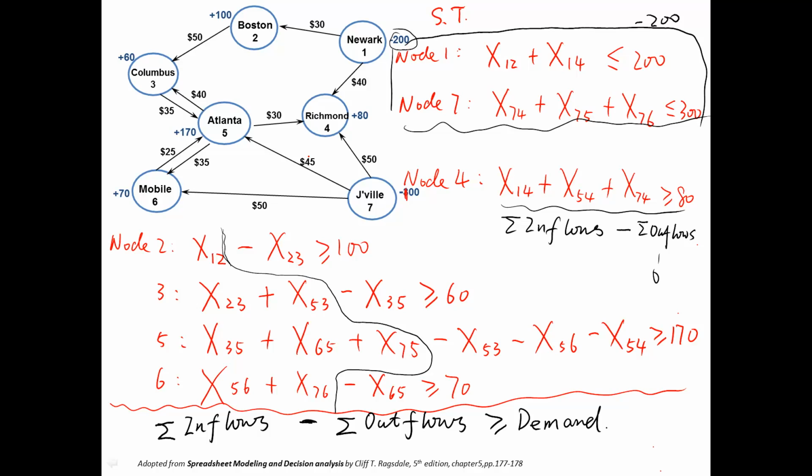Think about this. If we don't have enough supply to meet all the demands here, can we still use this constraint? Or should we change the sign here?